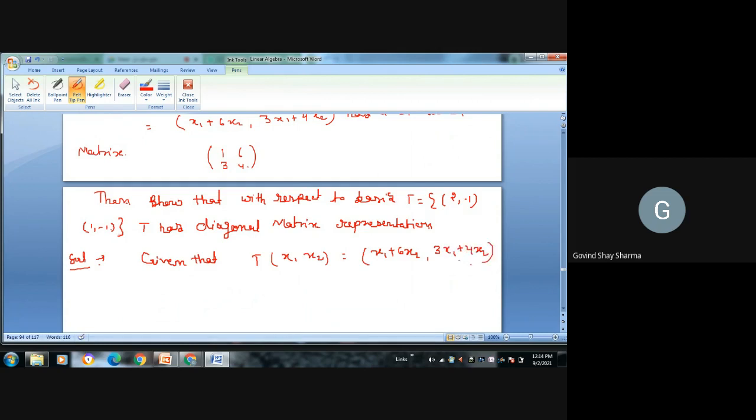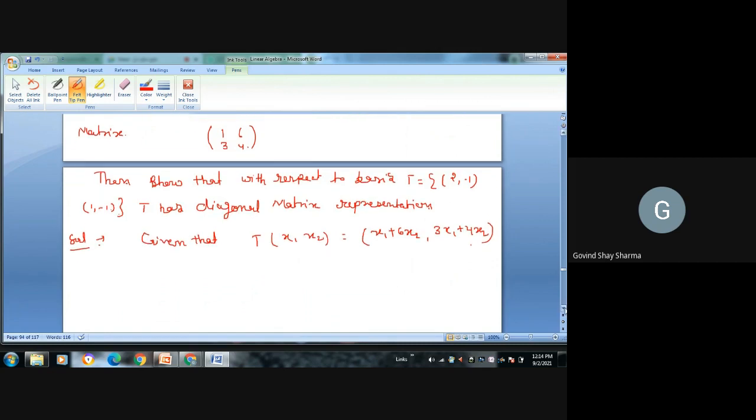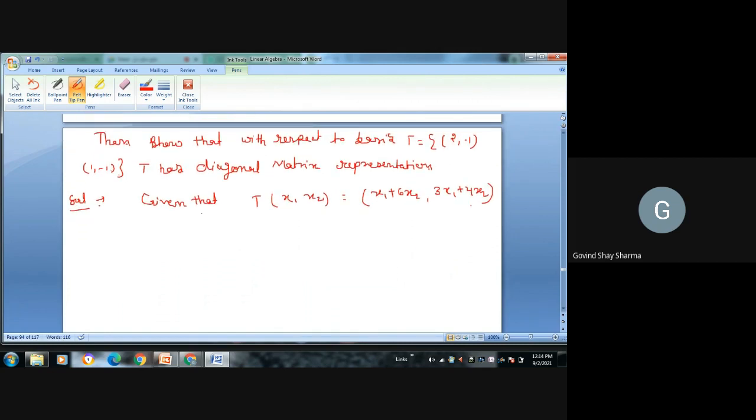This is the linear transformation given to us. Now, the standard basis of R2. We know the standard basis.